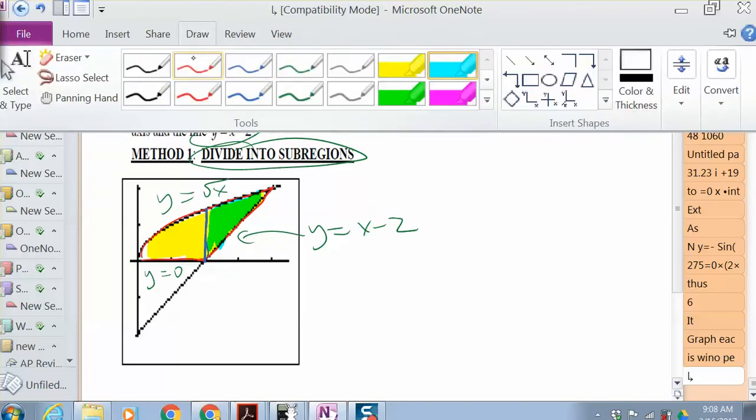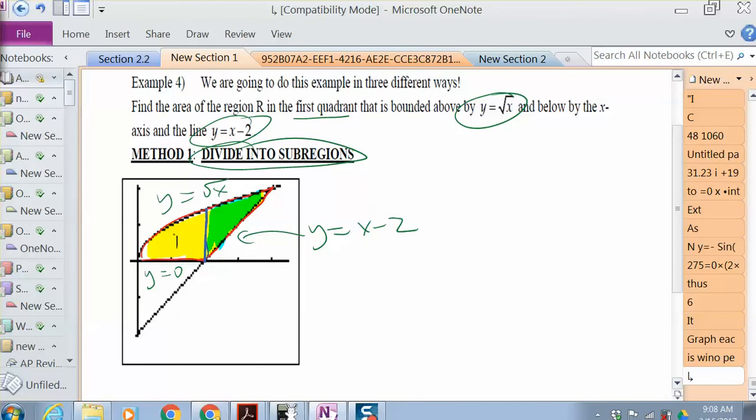So we have region 1 and region 2. The reason I'm doing it that way is so it's clearly defined what's upper and lower. So for region 1, or area 1, it's pretty clear that I want to subtract y equals 0 from root x.